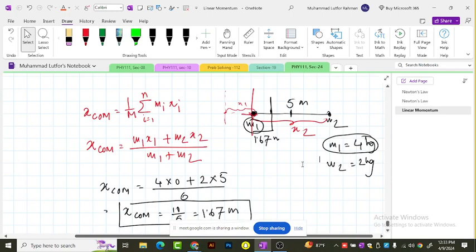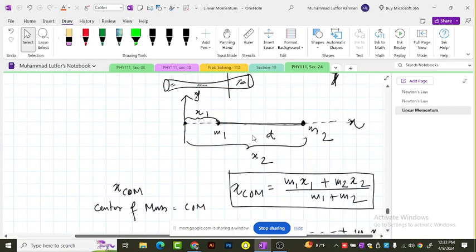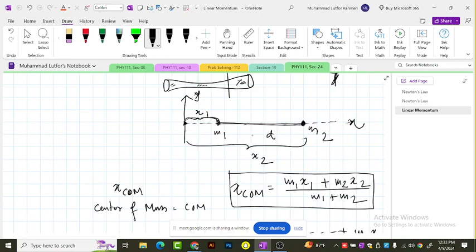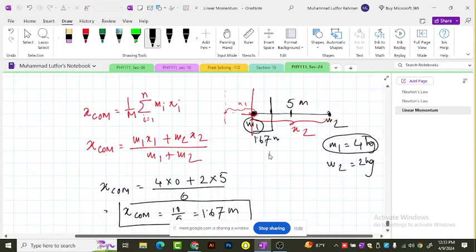Oh, because remember when I'm choosing that general formula, I write down x1 from here to here, right? I choose the origin over here. If I do the same thing for this case, if I choose that origin over here, then I need this x1.